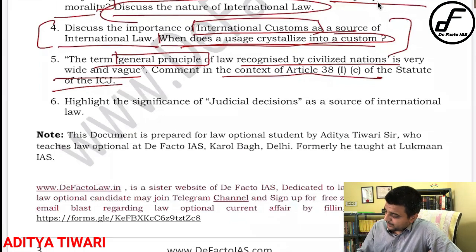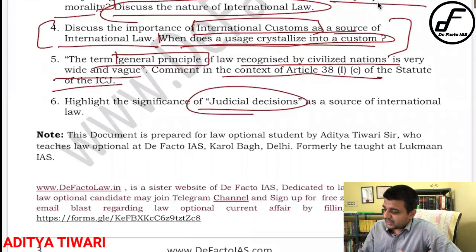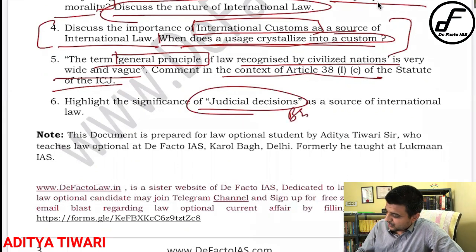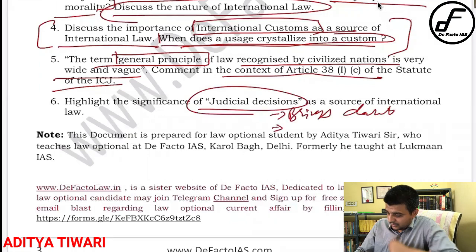Then highlight the importance of judicial decision. Now, judicial decision, what does it do? Basically, it brings clarity, right? Second, it acts as a precedent, right? And third, write it down: brings clarity. Second, acts as a judicial precedent.